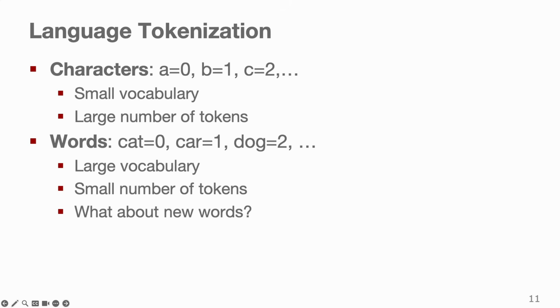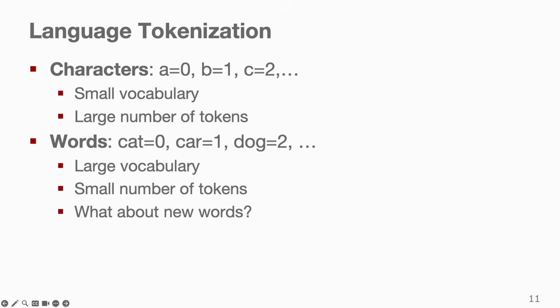And then you have words on the other extreme, where sequences would be short, and each token would be meaningful, but then you would have the issue of what do you do if you get an unseen word? You might not be able to represent it with your pre-trained vocabulary.